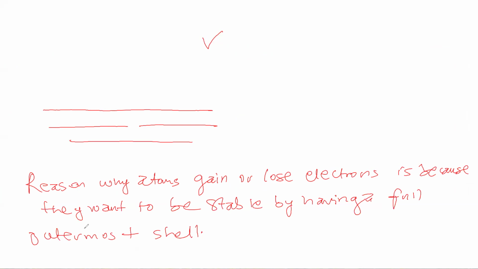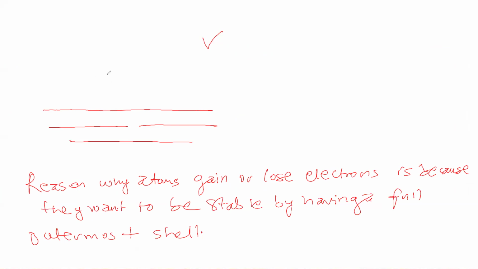Can you all read what's on the screen right now? Yes. All right, go ahead and read it. Reason why atoms gain or lose electrons: they want a full outermost shell. Very good. Very, very good.